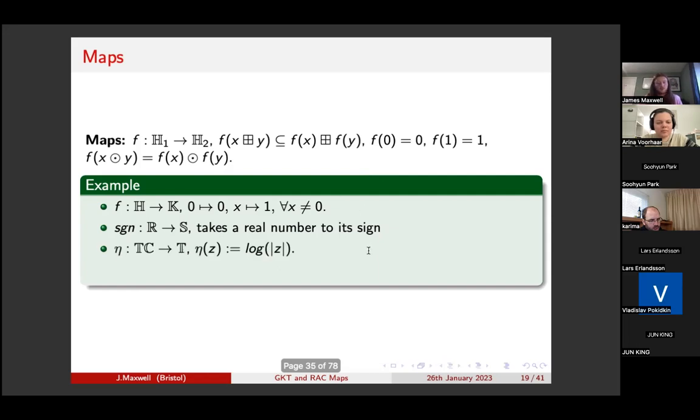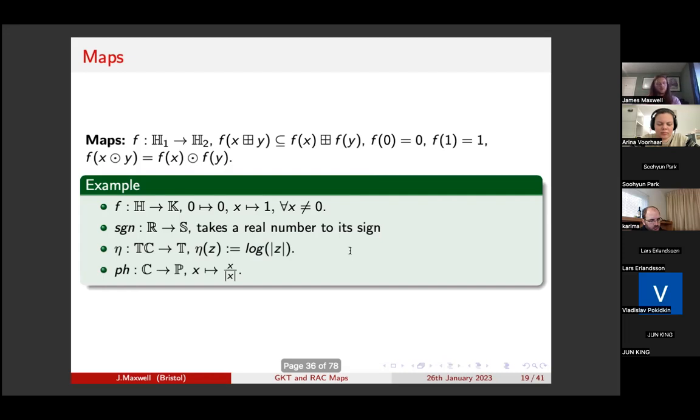One of the maps we're going to look at in detail today is this map from TC, the tropical complex hyperfield, to the tropical hyperfield, which takes z to the logarithm of the absolute value of z. You might be able to see that we look at maximums of absolute values over here, and we look at maximums here. So this map does make sense when we're talking about compatibility with inclusion with regards to the addition over the hyperfield.